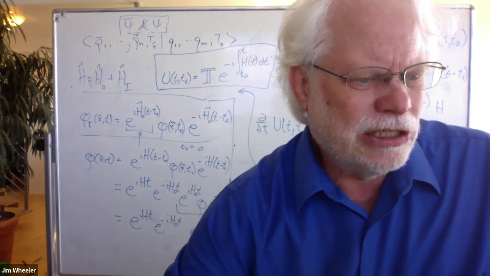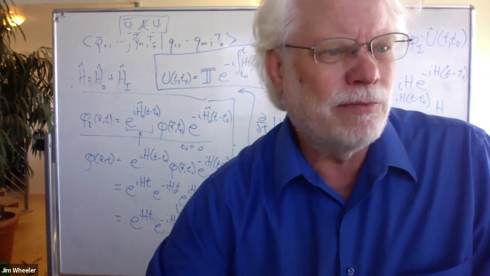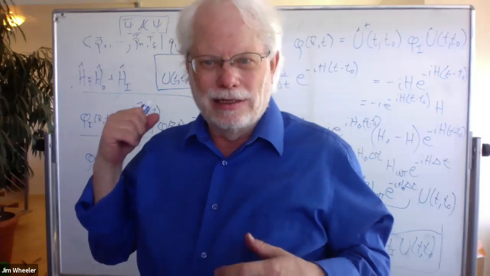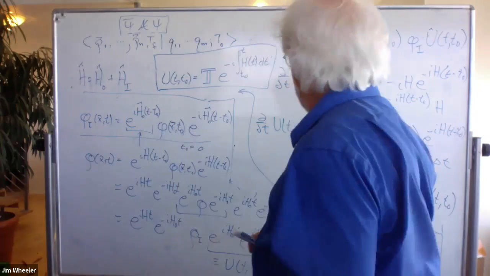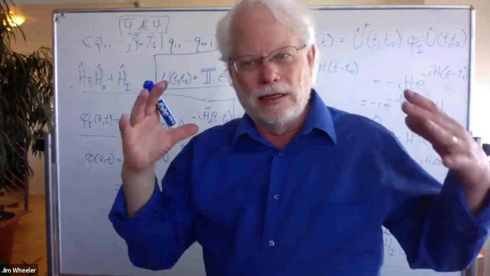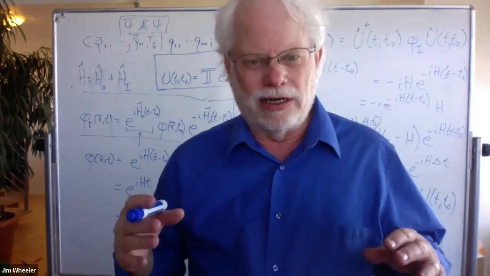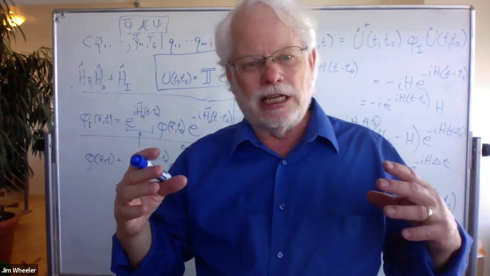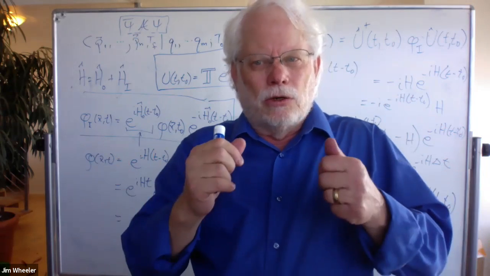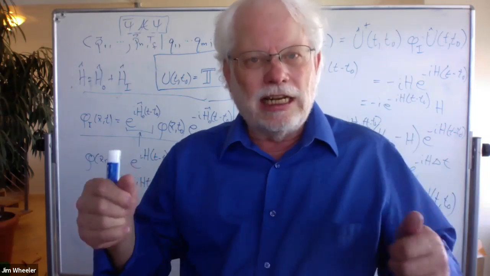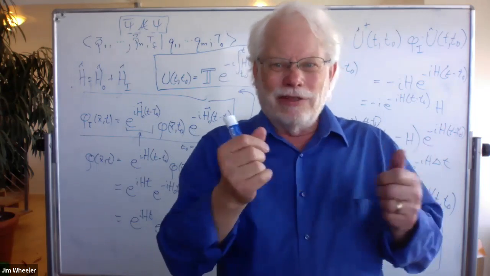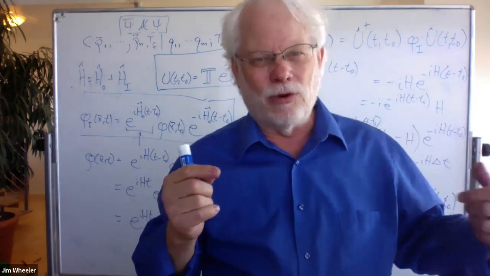Yeah, these U's also have a product rule, and we're going to use this to simplify our expression. I've erased it now, but the expectation value we're after here is a vacuum expectation value of a product of a whole bunch of fields. We're going to turn all of those fields into the interaction picture, and the whole thing's time ordered.